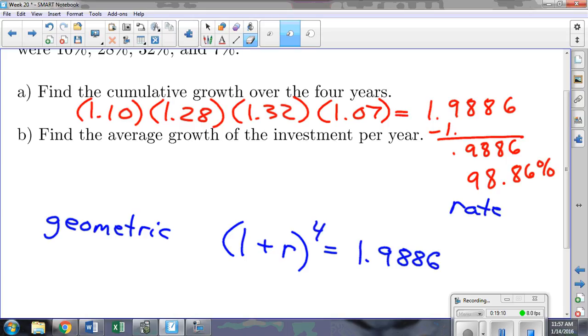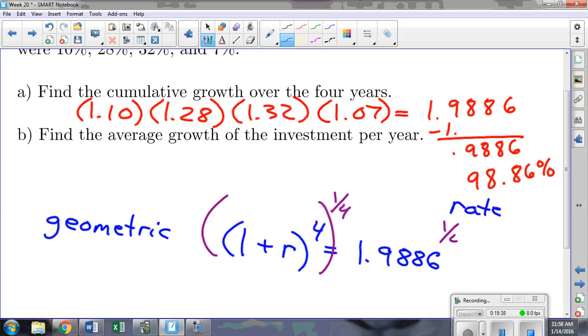So how do we solve this now? How do you get rid of an exponent? Well, a power raised to a power, we know that we would use the reciprocal of 4, which is 1/4, which is just another way of writing the 4th root.